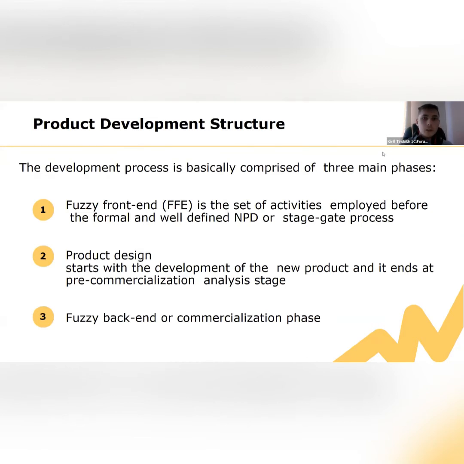The development process is basically comprised of three main phases. The first phase is the fuzzy front end, the set of activities employed before the normal and well-defined NPD or stage gate process. The second is product design.